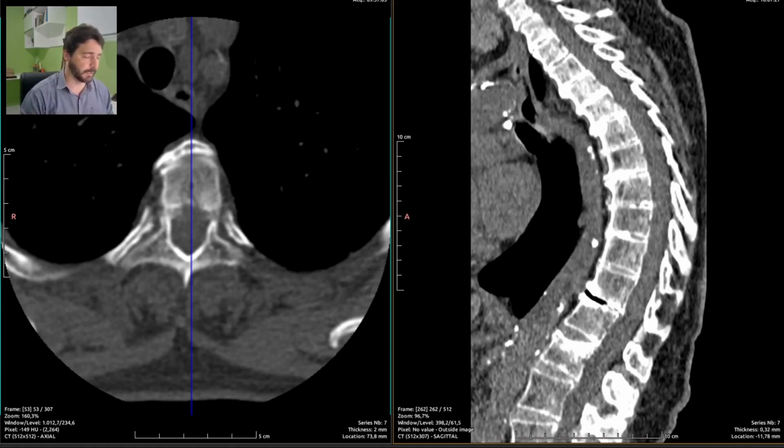Here the other bodies aren't fractured. Yep, there is arthrosis. Yep, all joints are bad.